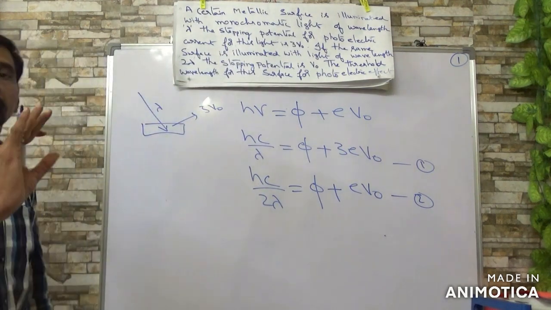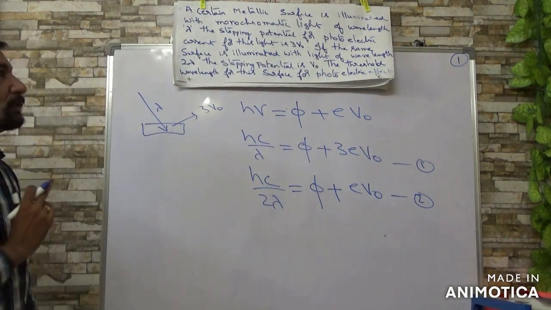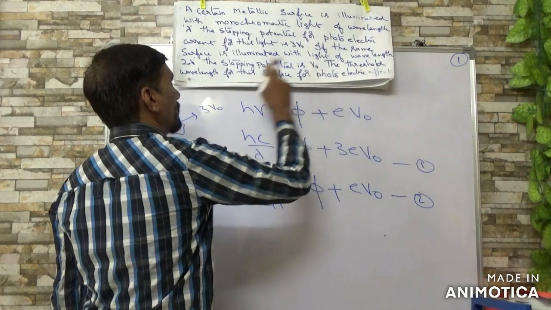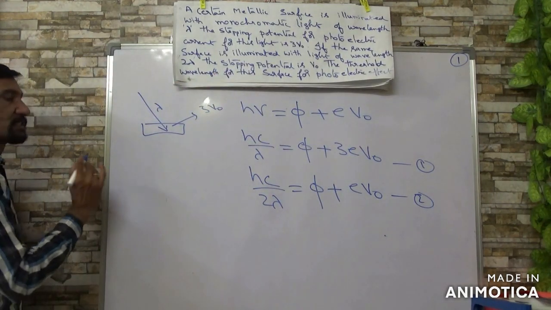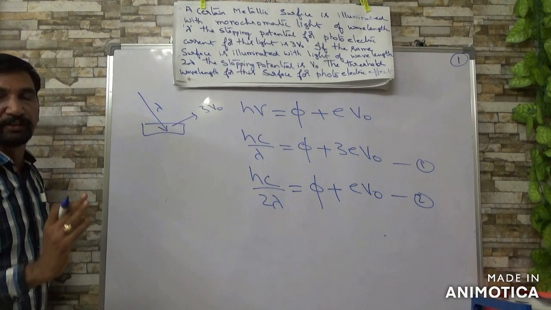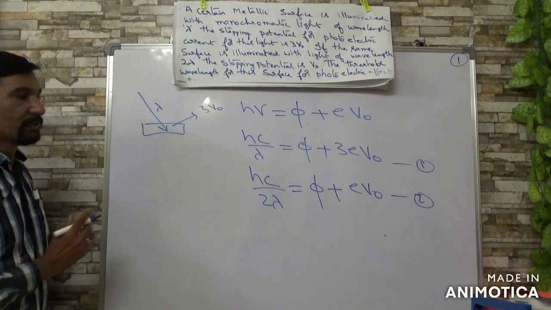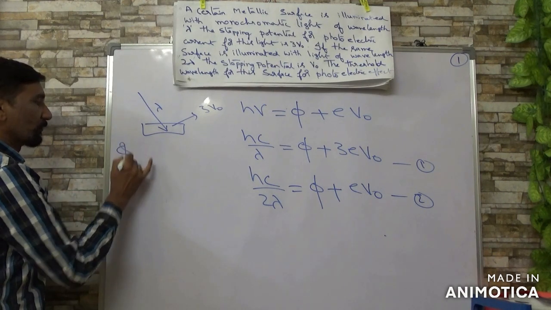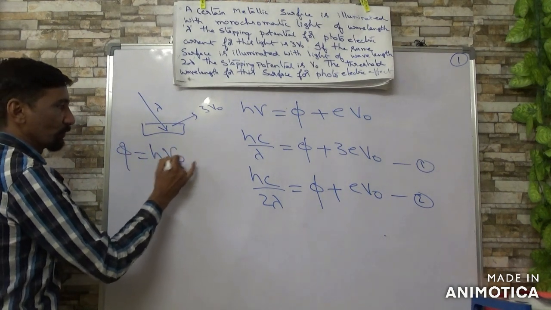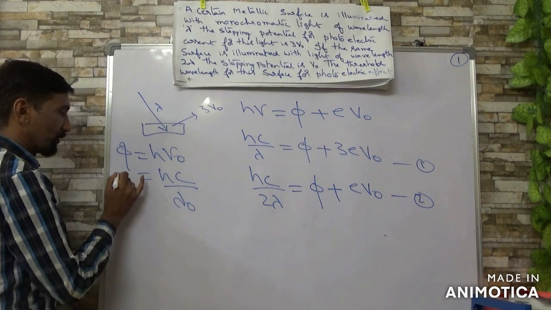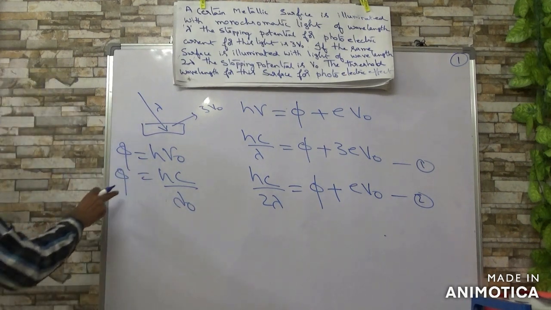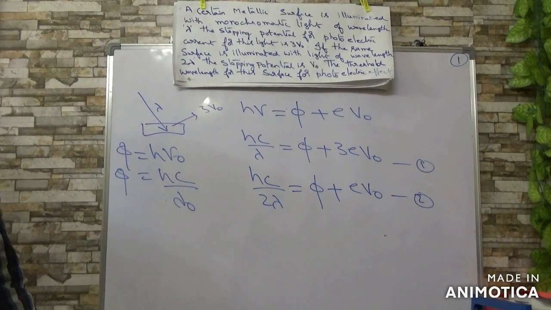What we require to find in this problem is the threshold wavelength. What is the threshold wavelength? It is the maximum wavelength required to produce the photoelectric effect. Work function is taken as h nu naught, which can also be taken as hc by lambda naught.